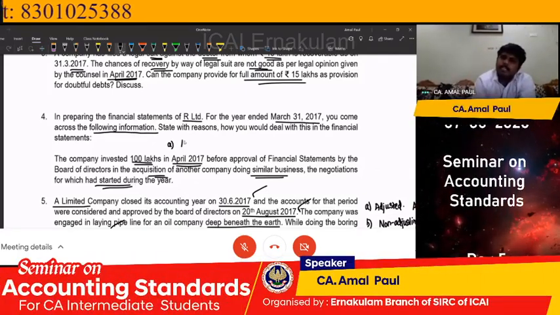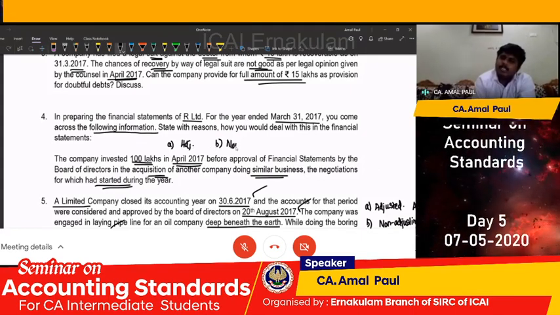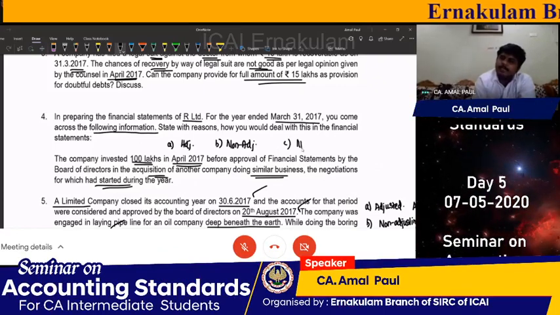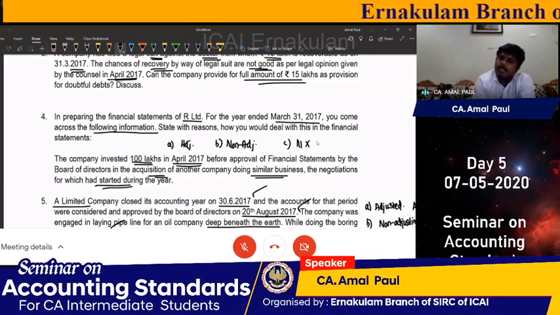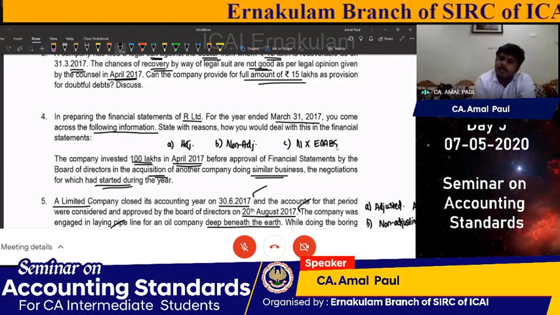A, whether it is an adjusting event. B, whether it is a non-adjusting event. C, it is not an event occurring after the balance sheet date. What is the case here?